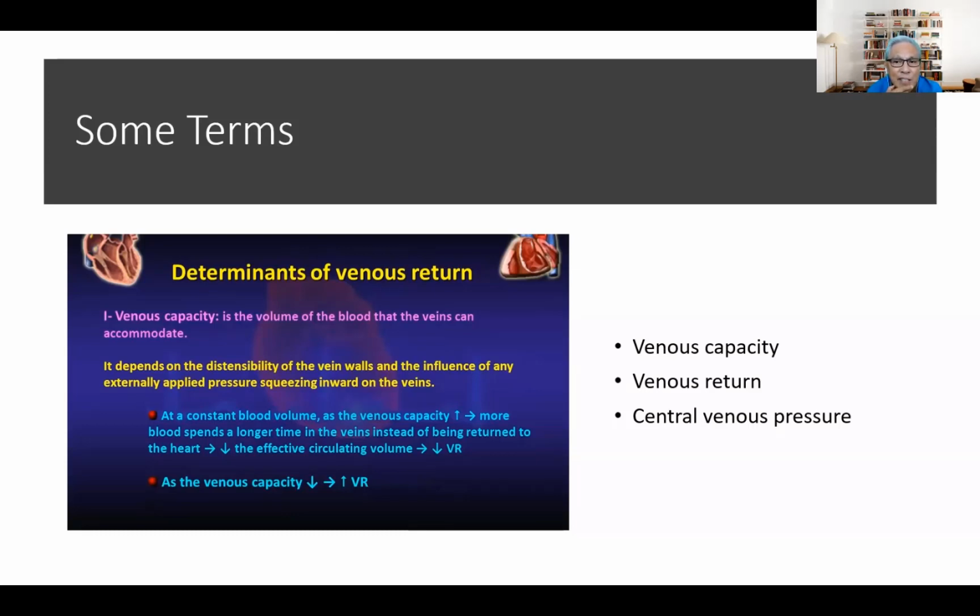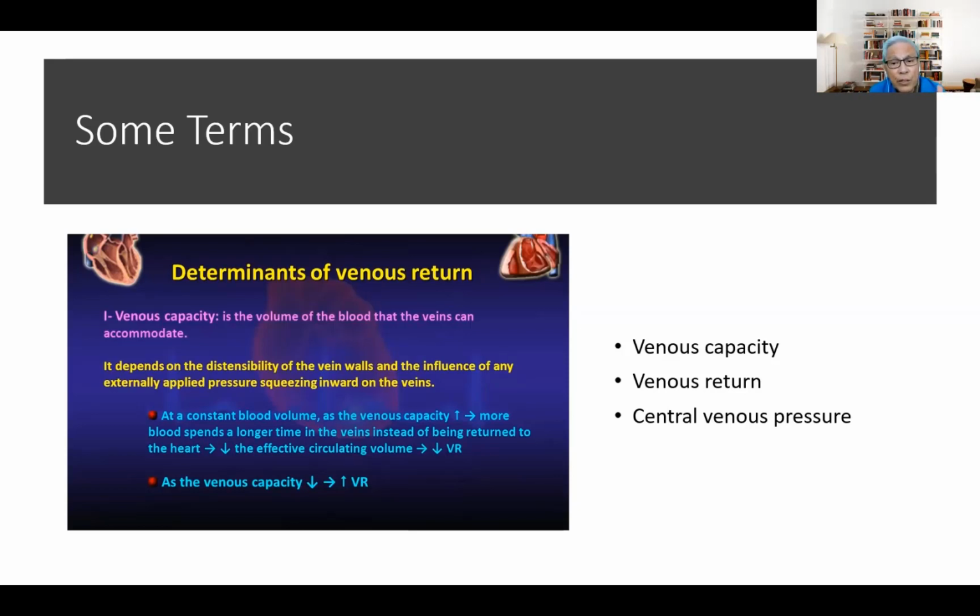One, venous capacity. This is the maximum capacity; it indicates the volume of blood that the vein can accommodate. Venous return, on the other hand, is the volume of blood that returns to the heart. And lastly, central venous pressure. Central venous pressure is the pressure in the large veins in the thoracic cavity, meaning the inferior and the superior vena cava.